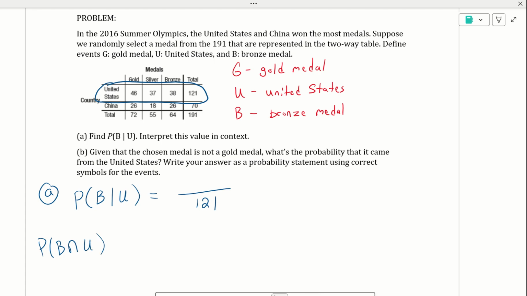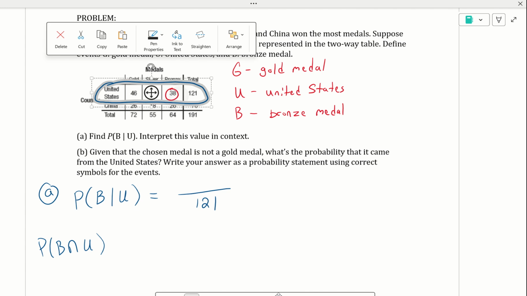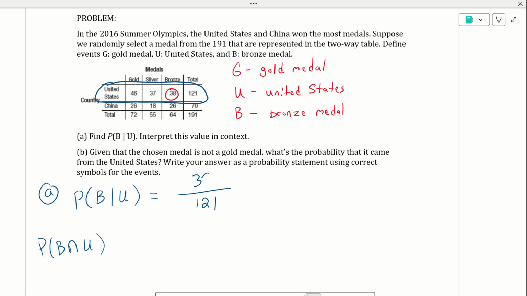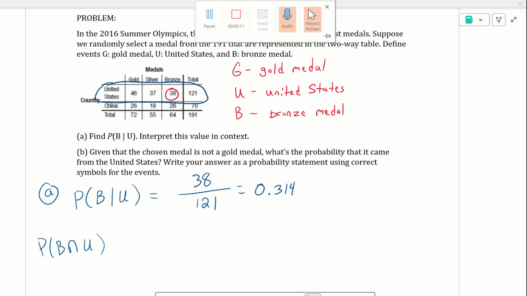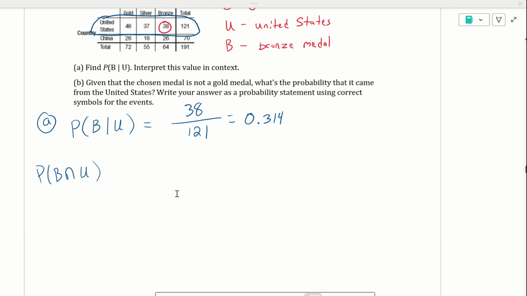So how many people won a bronze and they are from the United States? It's 38. So it's 38 over 121. That's equal to 0.314.